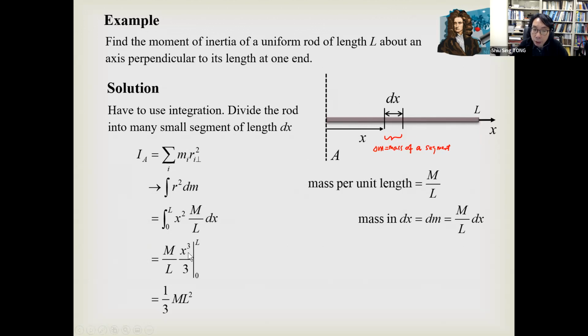And so I got x cubed over 3. And when I evaluate at the upper limit, I got L cubed over 3. Lower limit becoming 0. And I cancel one of the L. And that gives me 1/3 of mL squared. Okay, so that is the moment of inertia of the whole rod about one end.